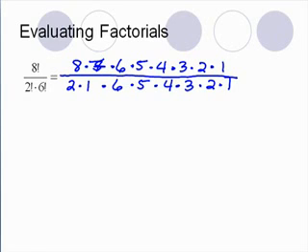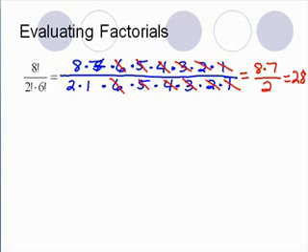Now if you take a look, in the numerator I've got a 1, and in the denominator a 1. 2 cancels 2. 3 and 3, 4 and 4, 5 and 5, and 6 and 6. So that means I'm left with 8 times 7 divided by 2, which is just 28.